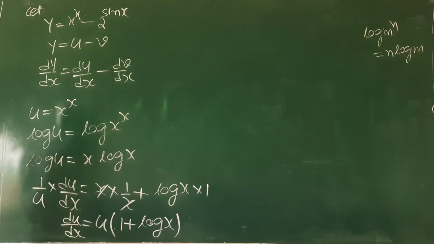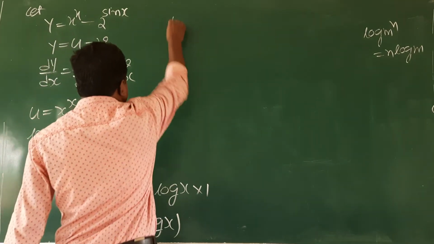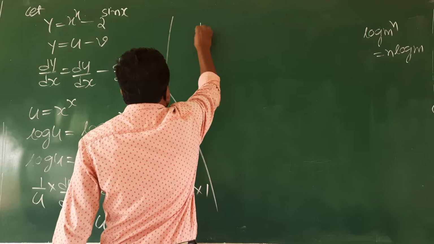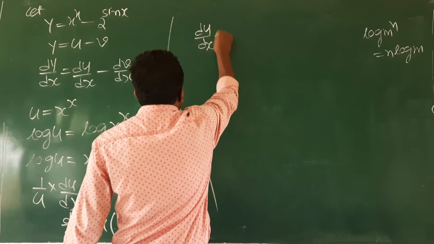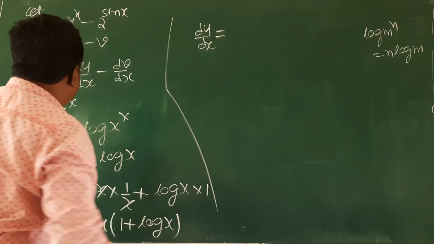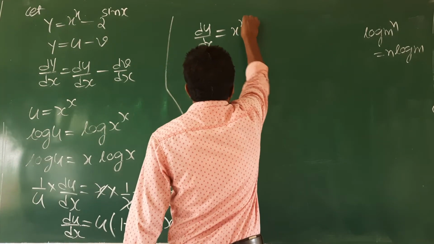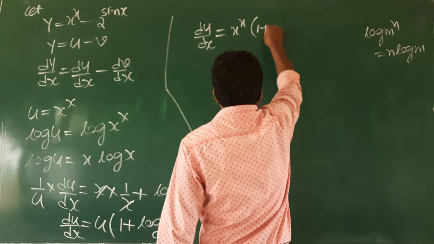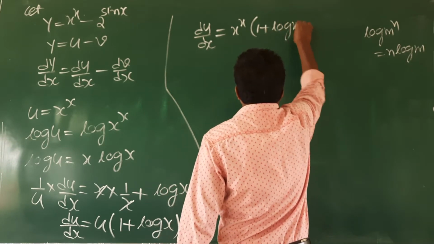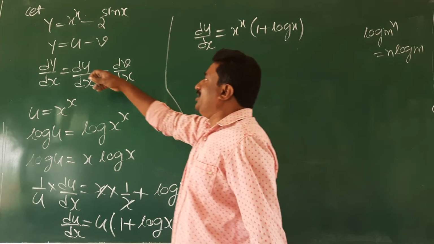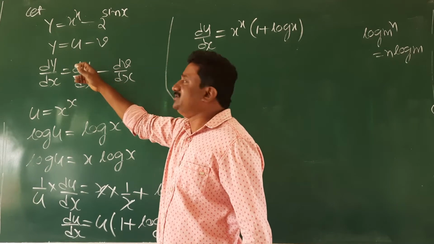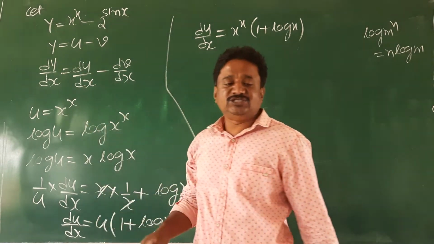Substitute for u. So du by dx is u. What is u? x power x. So du by dx is x power x into 1 plus log x.